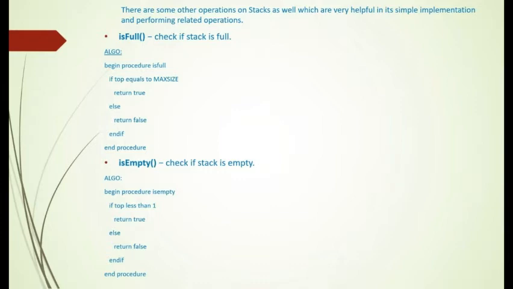Now if you try to go below it, that means it is empty. So it would throw an error called stack underflow. So if it is true, it means the stack is empty. And if it is false, it means there is at least one element present in the stack.